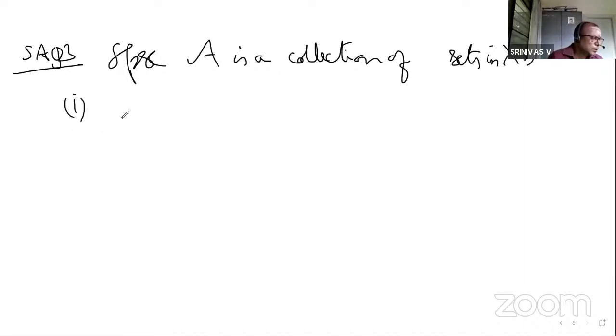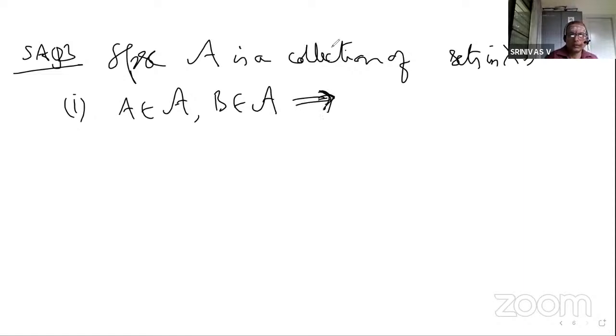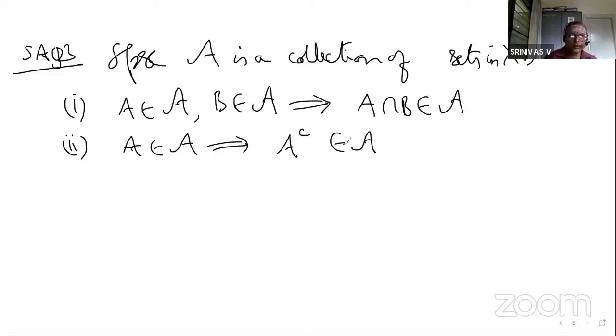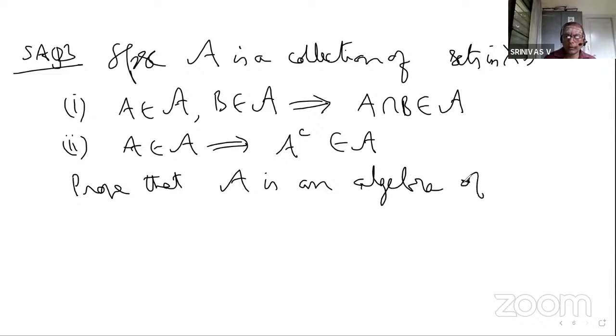One, A belongs to script A, B belongs to script A, implies A intersection B belongs to script A. Number two, A belongs to script A implies A complement belongs to script A. Prove that script A is an algebra of sets.